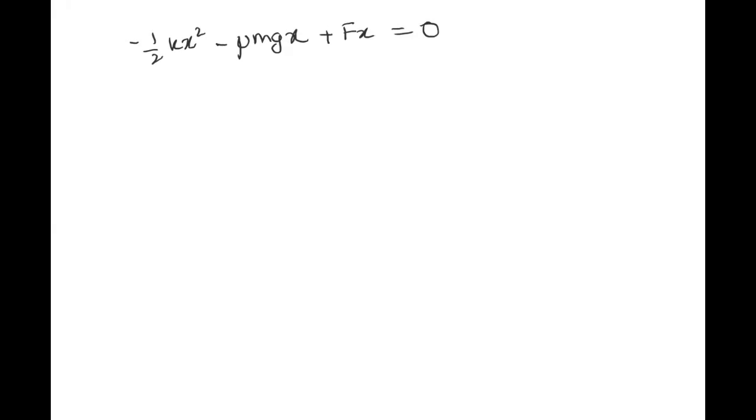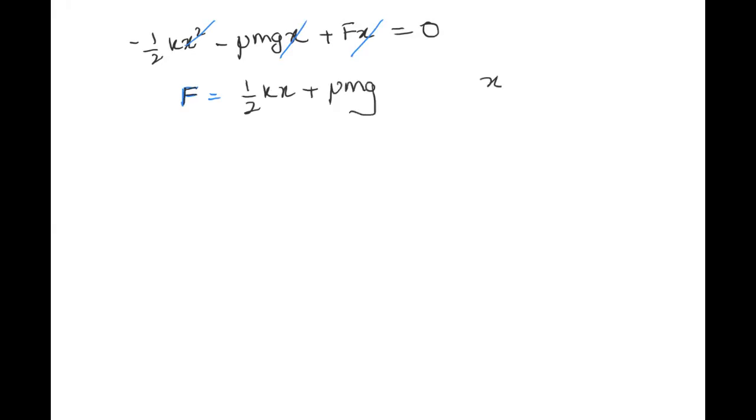Right? So now x cancels out and I get F, which I wanted to find out, which is being asked in the question in the first place. F is equal to half kx plus mu mg.